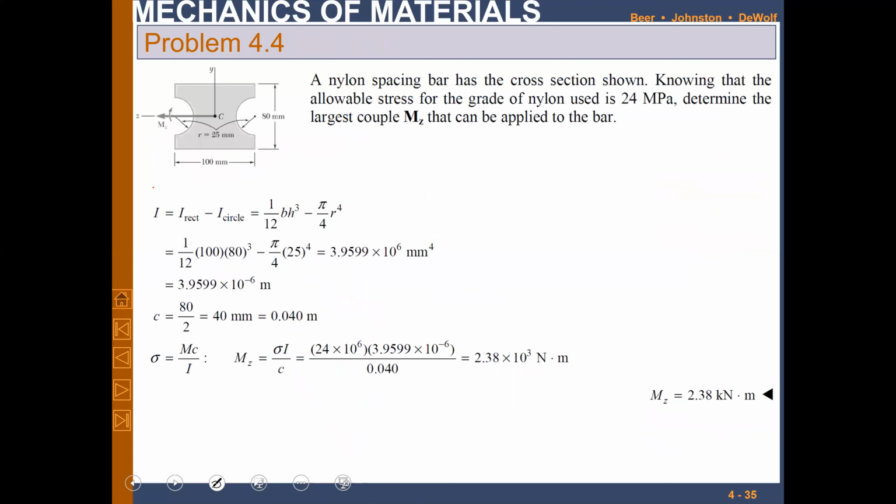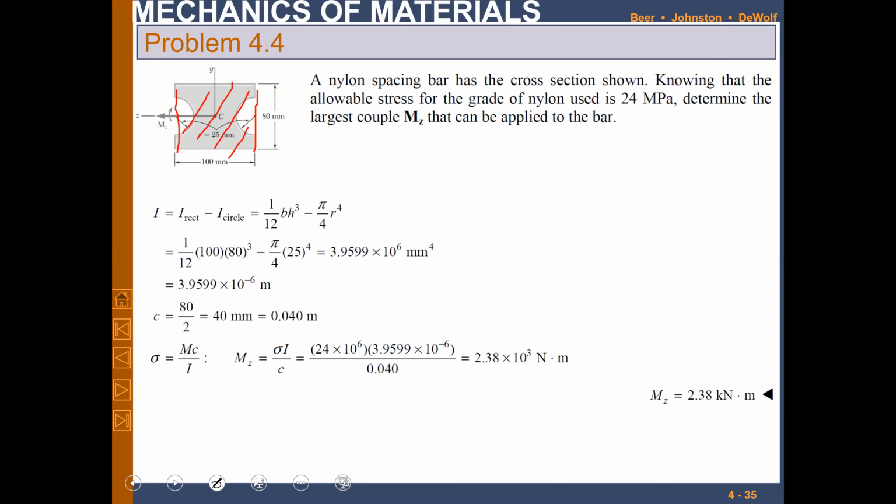This is exercise problem 4.4. Again, we have this shape. This is a regular shape, and we will calculate I. I will be calculated considering this as a rectangle, the whole rectangle minus a complete circle out of it. The radius is given, so we can calculate I using bh cubed over 12.